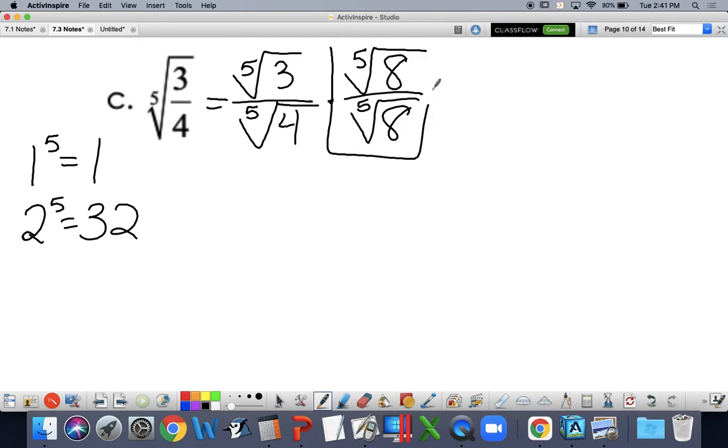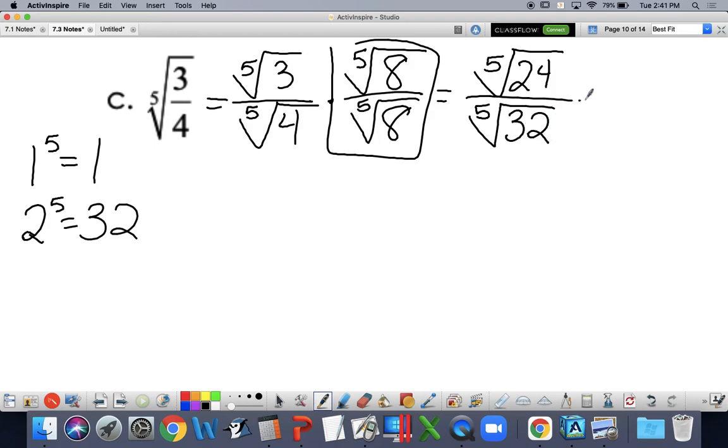So here is that number 1 that I'm multiplying by. So in my numerator, I get the 5th root of 24. My denominator, 5th root of 32, which can be simplified down to just the number 2. Right, because that was the goal. All I wanted to do was be able to get rid of that radical from the denominator.